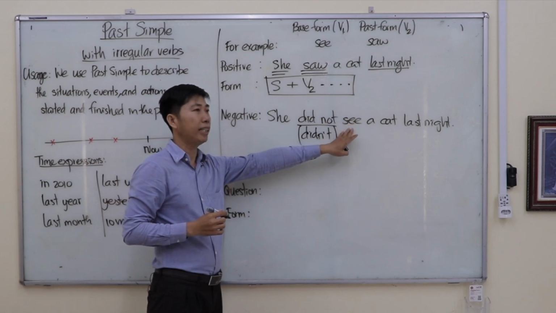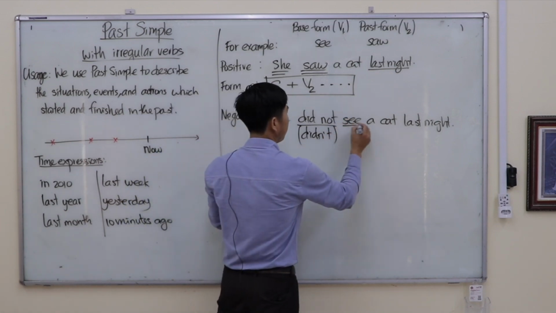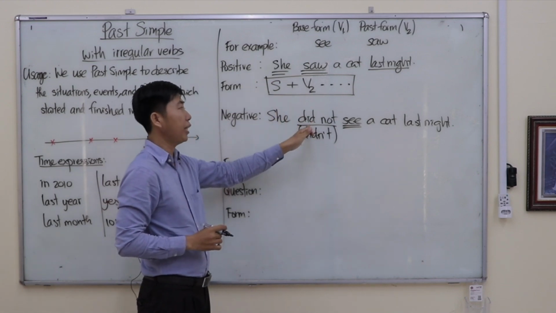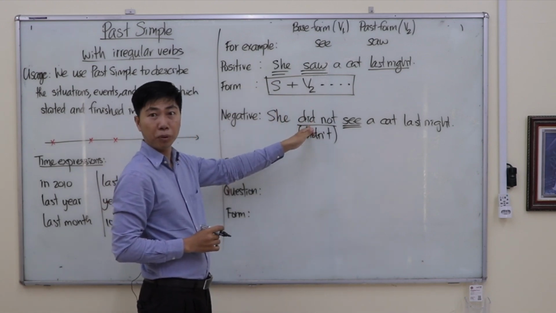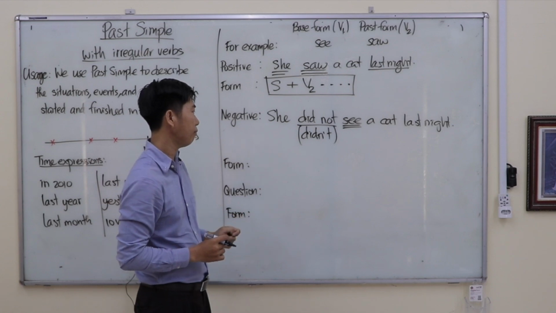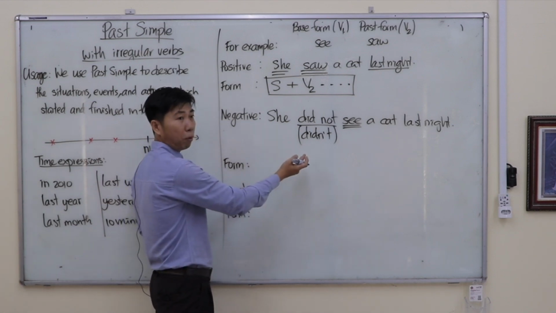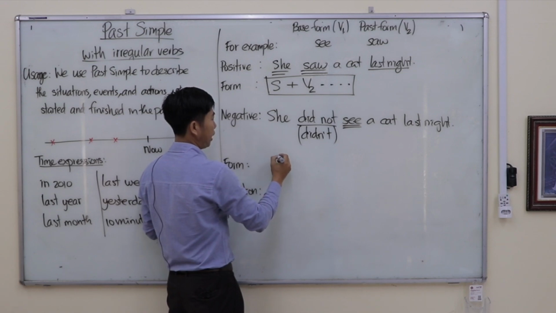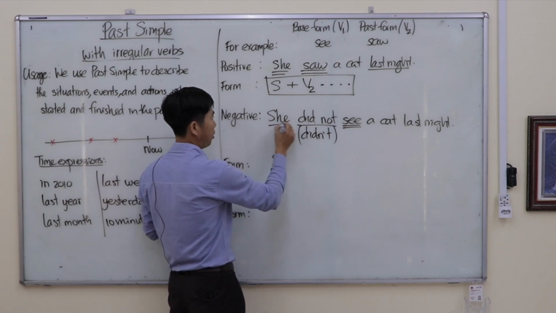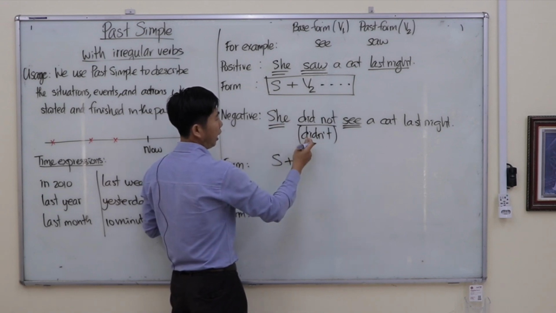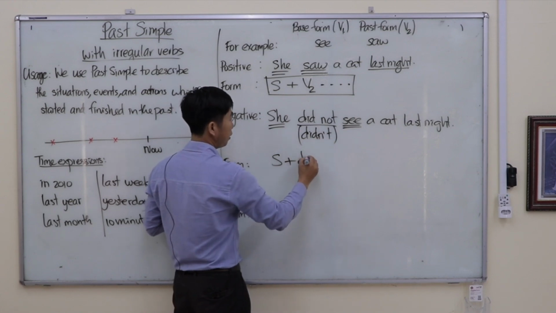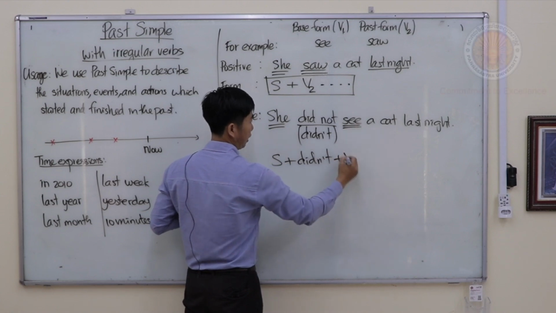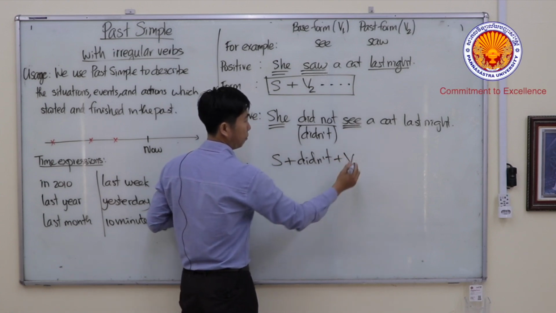And the verb see in negative must be base form because we change the helping verb to the past. So how can you form negative? We can say the subject, she, and didn't, and then the verb see as a verb base form.